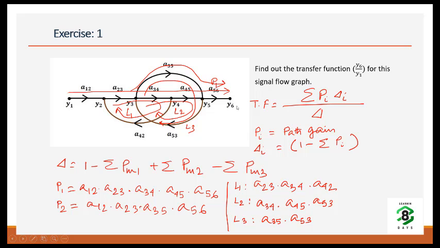So the numerator is nothing but the sum of P1 and P2, and the system does not have any non-touching loops. You can see L1 is touching L2, and L1 is touching L3 because y3 is common to all the loops. So the transfer function becomes simpler.